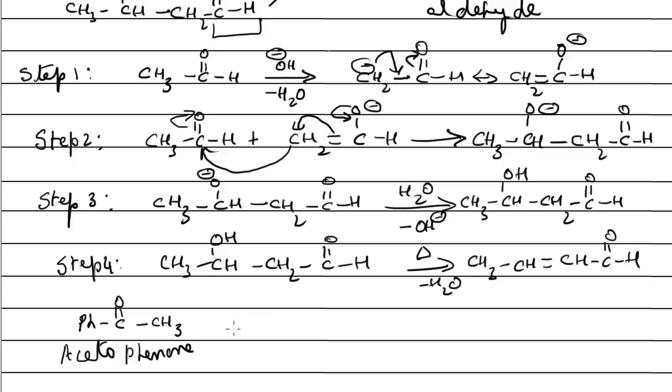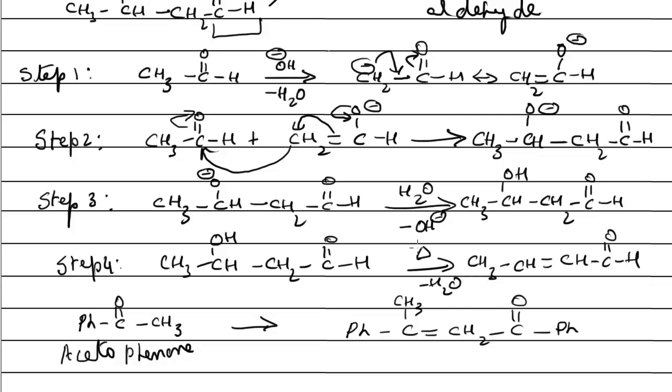Now here the aldol condensation product will not stop at the aldol stage at all. It will directly go to this. It will directly form Ph CH=CH2 C double bond O Ph. Now here the product obtained is a direct alpha beta unsaturated product.